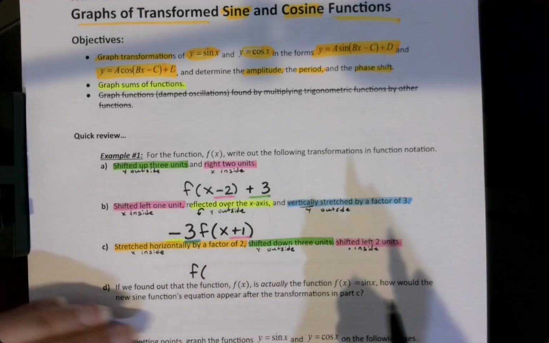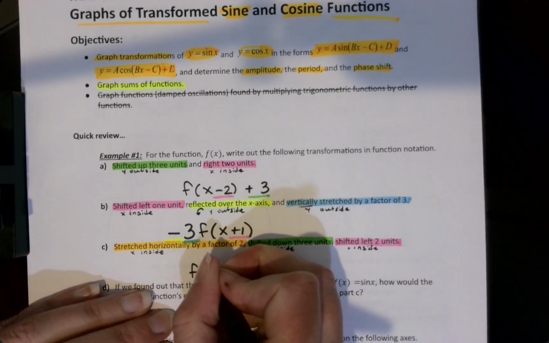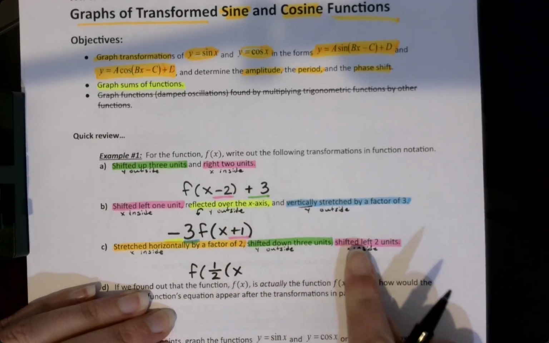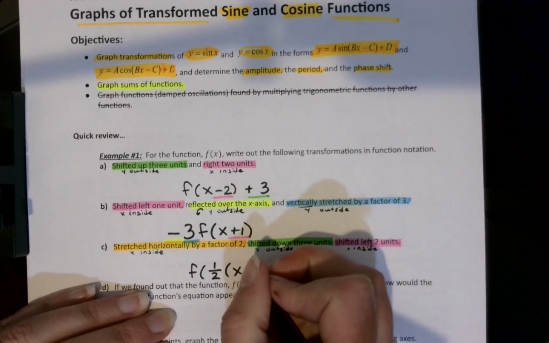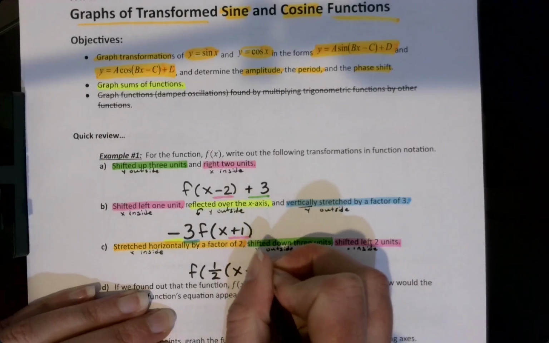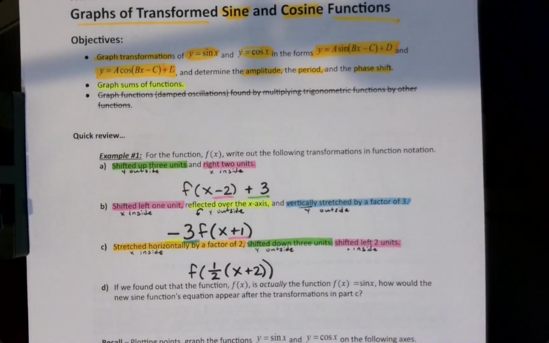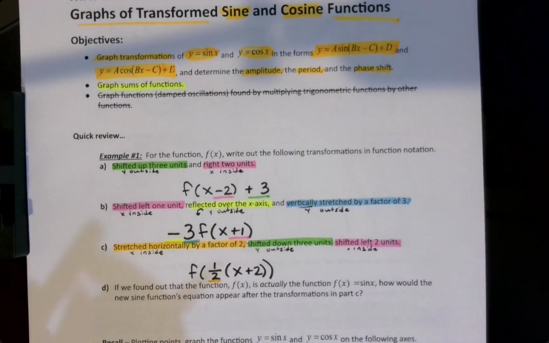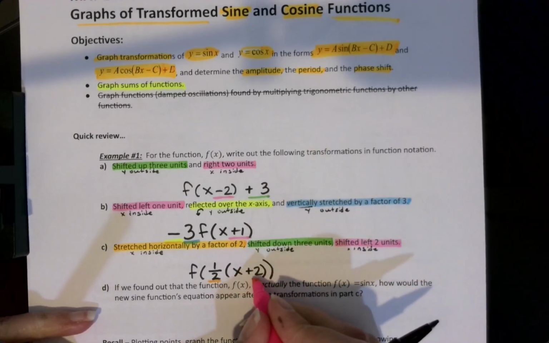To stretch horizontally, I'm going to need a multiplier of 1/2 times the quantity. We have x, and we're shifting to the left 2. That's going to be x plus 2. I'm going to need that extra set of parentheses in there to make sure that my horizontal stretch factor affects the entire inside, including that left shift. So let's go like this.